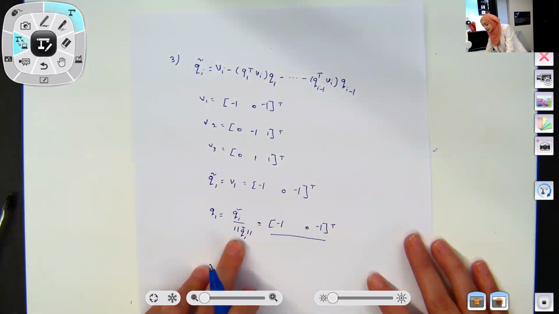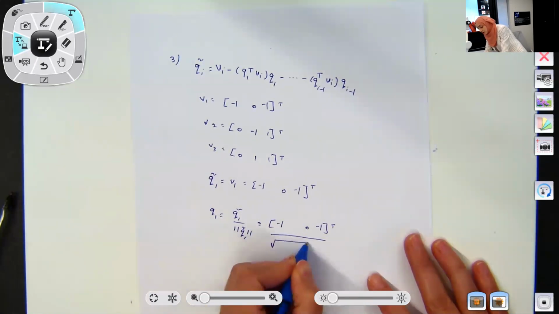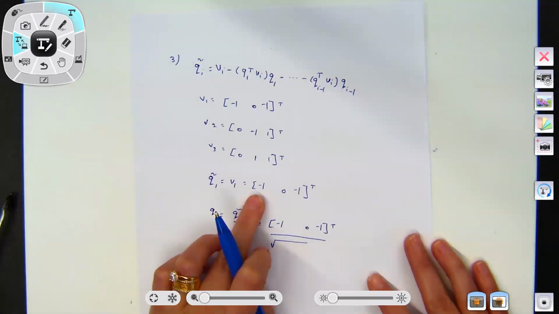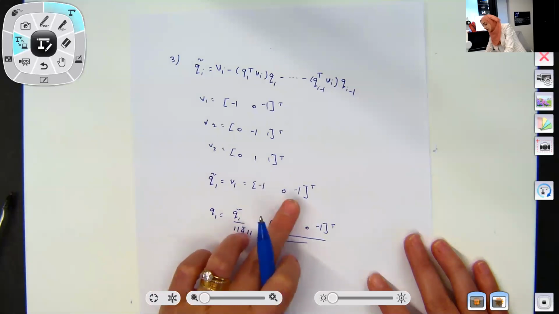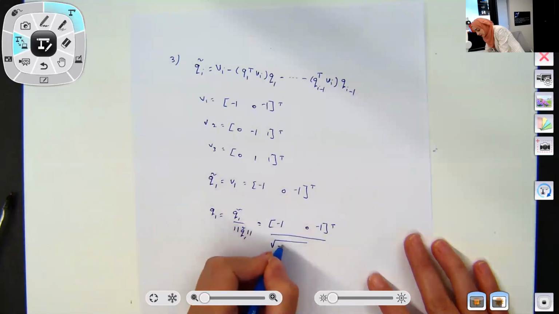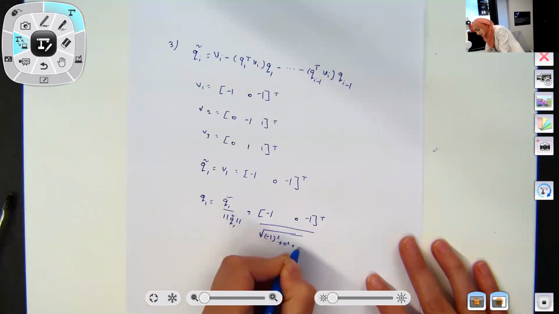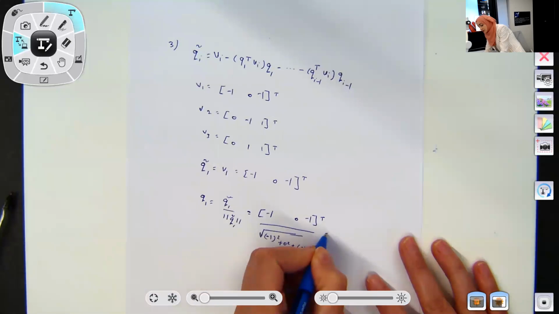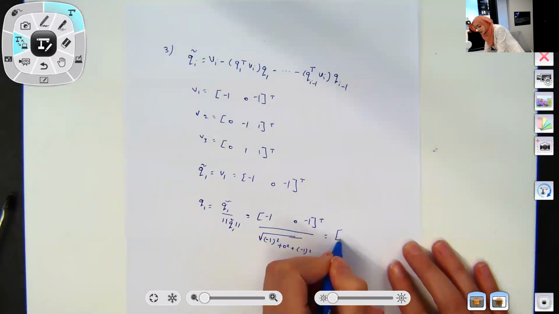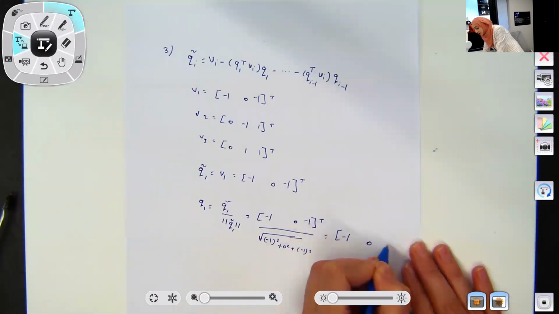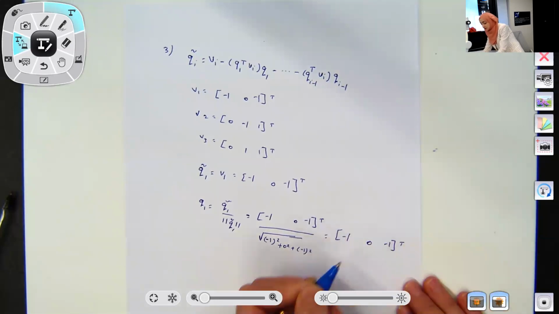To find the norm, this is equal to the square root of minus 1 squared plus 0 squared plus minus 1 squared. So minus 1 to power 2 plus 0 to power 2 plus minus 1 to power 2. So we have this vector minus 1, 0, minus 1 transpose divided by square root of 2.